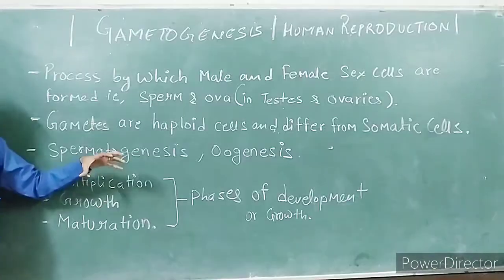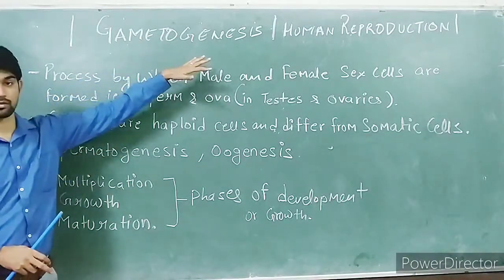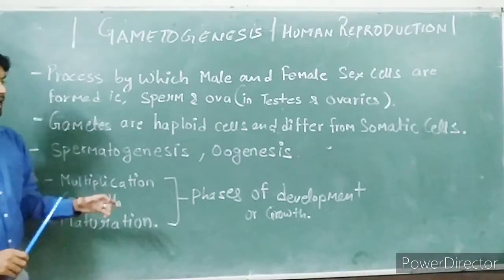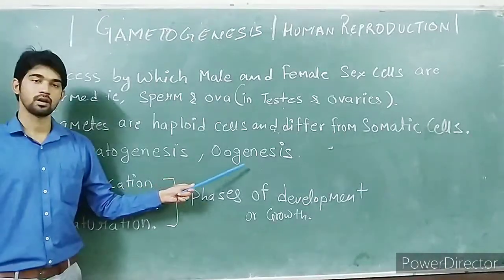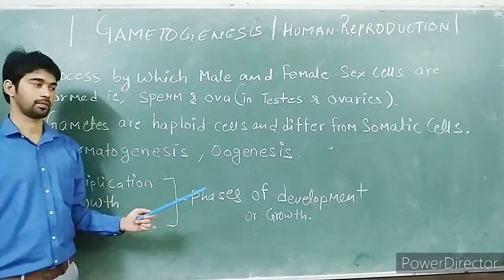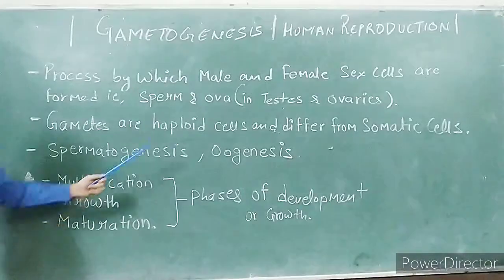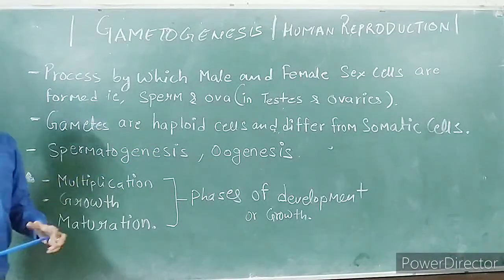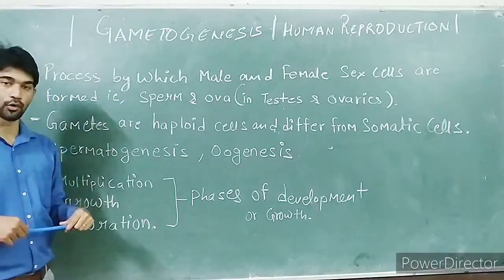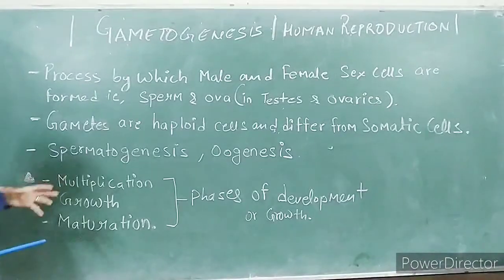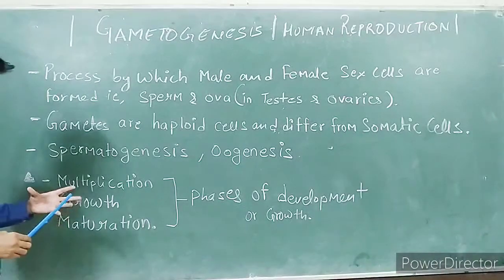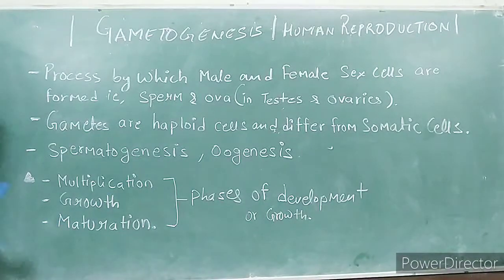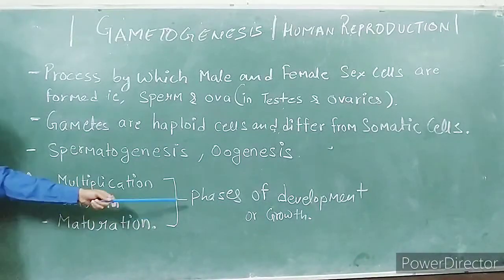The process of gametogenesis in males is known as spermatogenesis, and in females it is known as oogenesis. Spermatogenesis and oogenesis take place in the male and female gonads, and when this process is taking place, it is divided into 3 phases of development or growth.